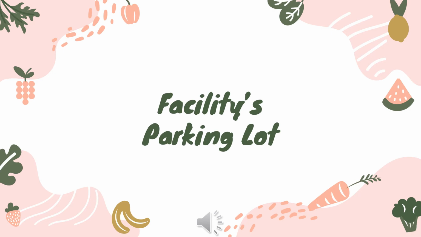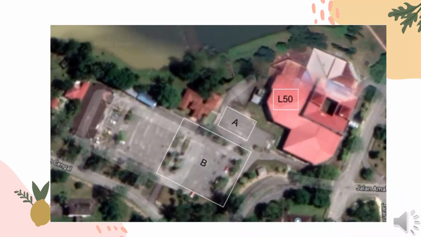Next is the facility parking lot. In this slide, we can see a satellite-captured plan view of the facility location. In this image, there are 2 boxes: box A is the location of the facility and box B is the current existing parking lot which needs to be rearranged to increase its capacity.